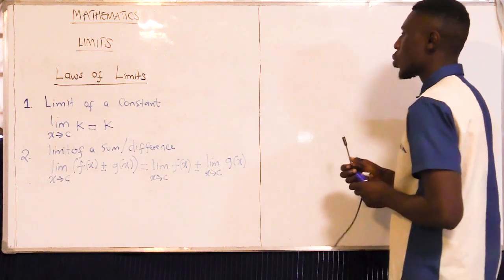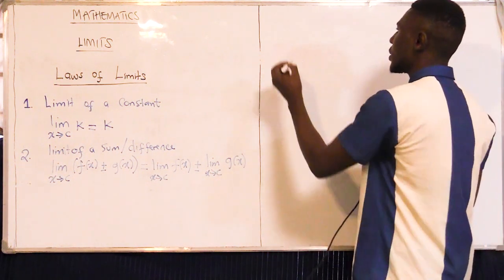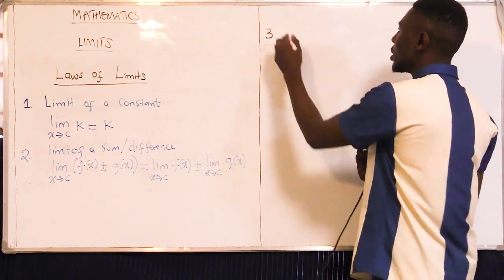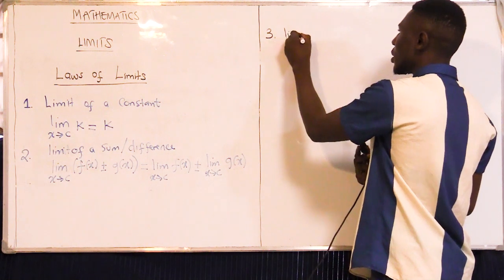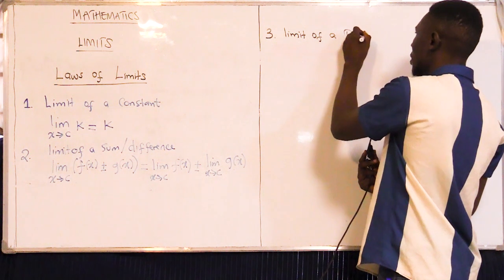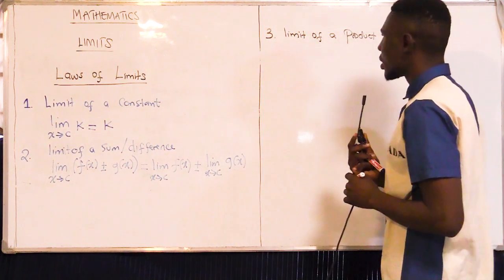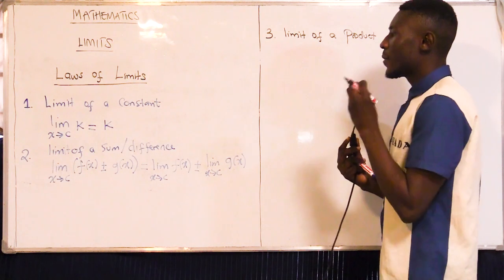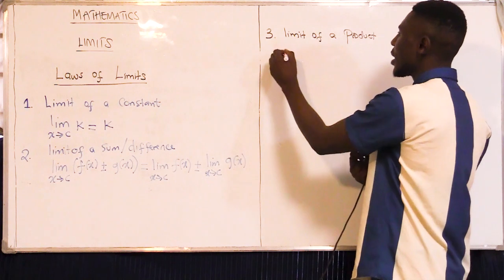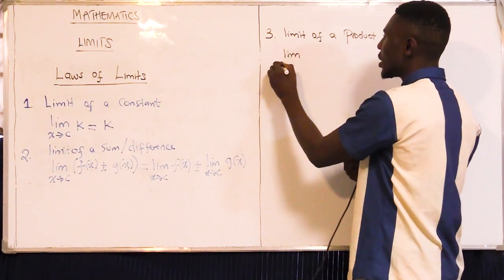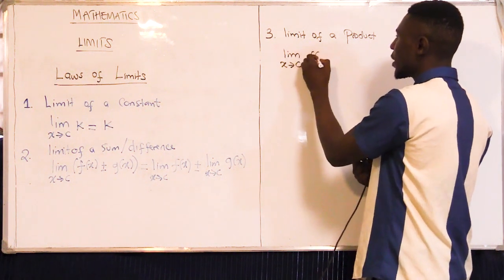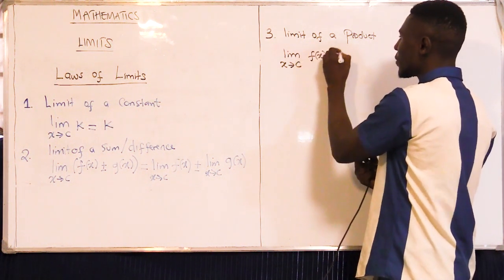The third law under limits. We say the third one is limit of a product. By product, we mean that the function I have is a result of multiplying other functions. So a case I might have is limit as x is approaching c of, let's say, f of x multiplied by g of x.